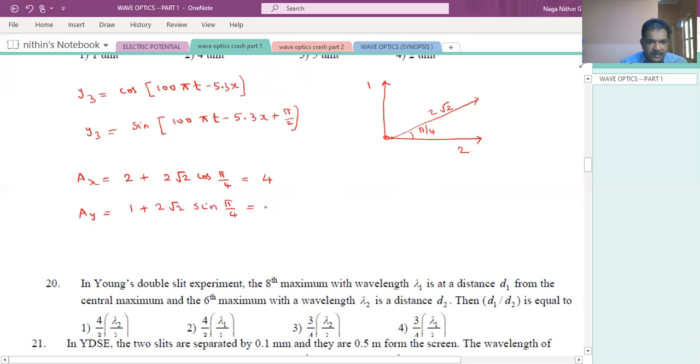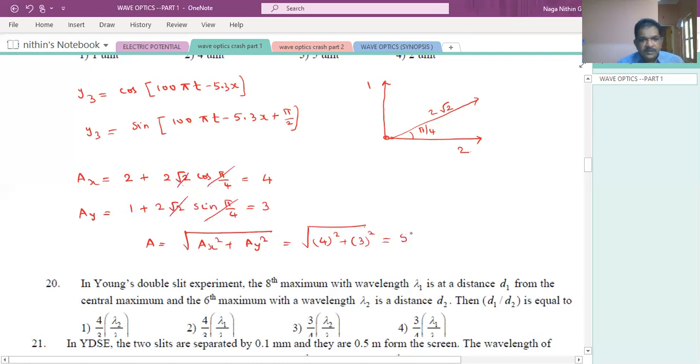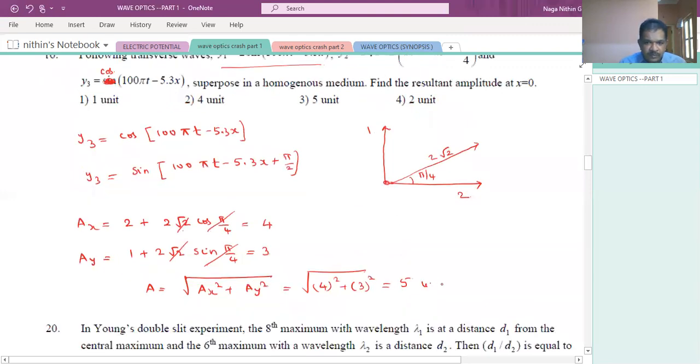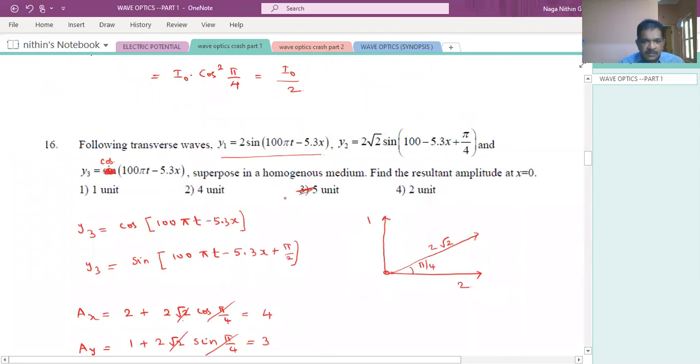This will be 3, because the root 2 will cancel. Then the resultant amplitude is equal to square root of Ax square plus Ay square. This is 4 square plus 3 square. This value will be 5 units. Okay, that will be the answer for this.